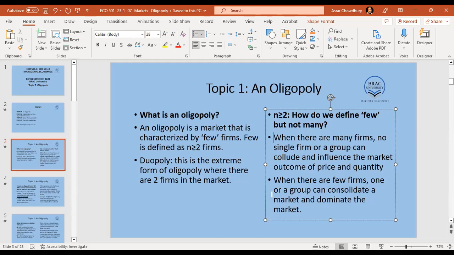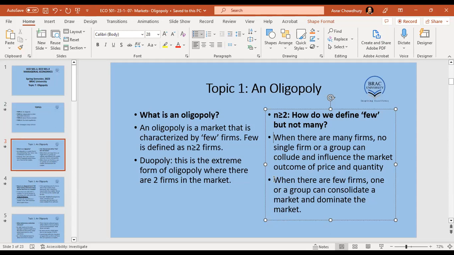Say in a locality there are 300 sellers. The sellers are so small relative to the total industry that even if they want, they cannot merge and influence the market outcome. So many means the number of firms is such that they cannot influence the outcome.